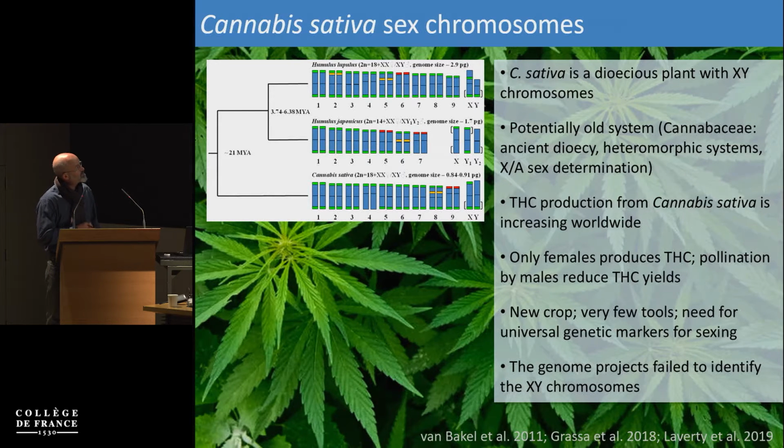They are heteromorphic systems, so Cannabis sativa has a nearly homomorphic system, but Humulus lupulus has a Y chromosome smaller than the X, and both plants have an X to autosome ratio sex determination type, and also Cannabis sativa is an important crop in which only females are useful, only females produce cannabinoids, and so it's really important to remove the males as soon as possible.